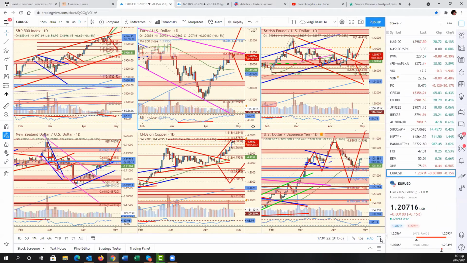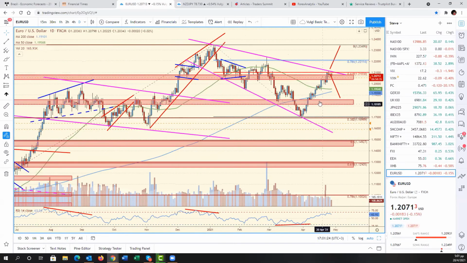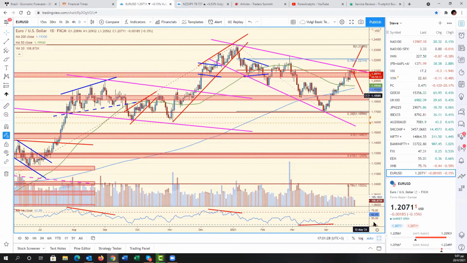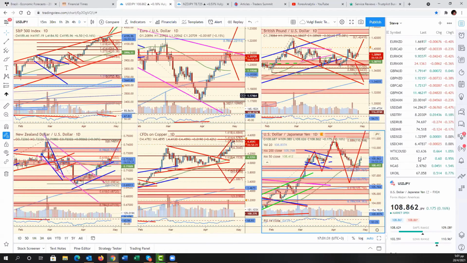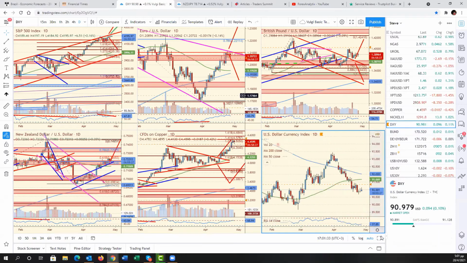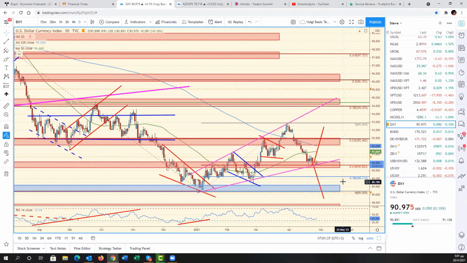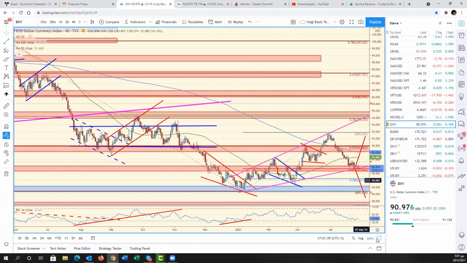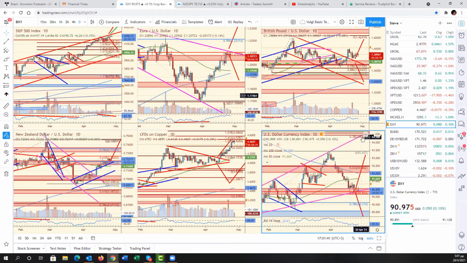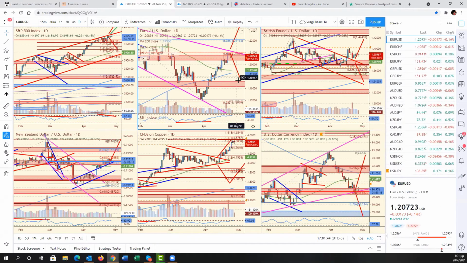So it's not coincidental, in my opinion, that the Euro USD has stalled at this resistance. It's not coincidental that the DXY has stalled at that confluence of supports you see here. I think it won't break through them because they're important until we get over the Fed event, right?